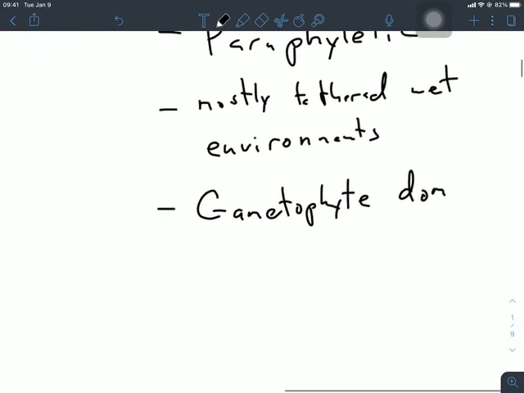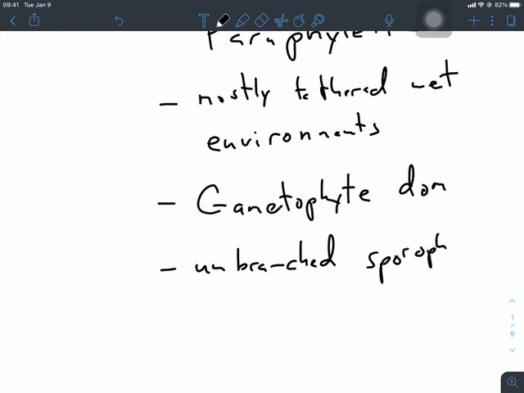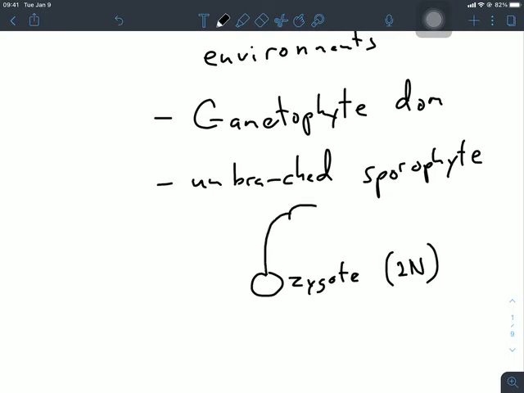We also will see in all of our bryophytes an unbranched sporophyte, meaning that the sporophyte has very simple growth. It will start from the zygote, the fused diploid egg and sperm, and it will grow from that zygote till it creates sporangia.